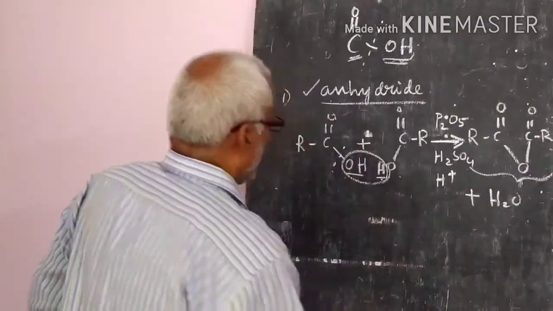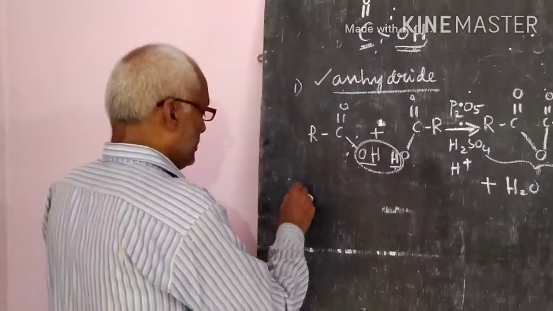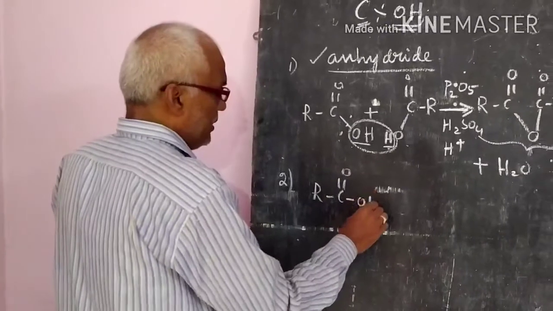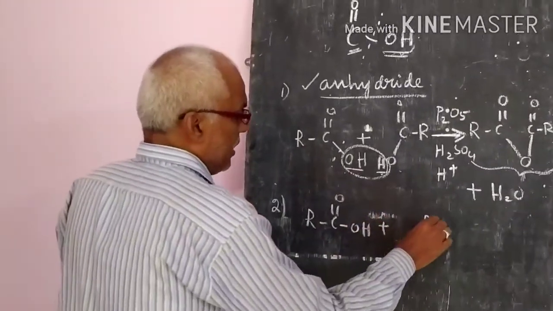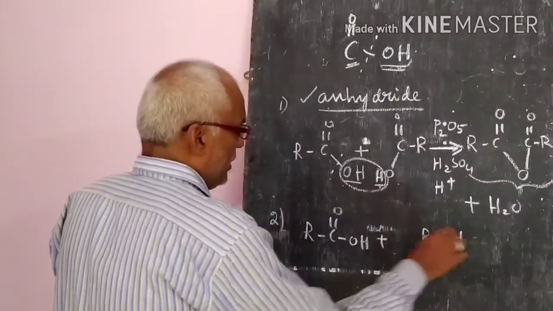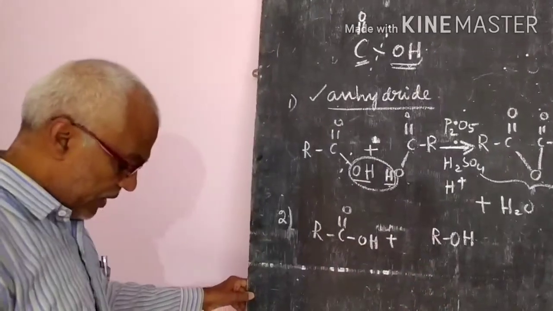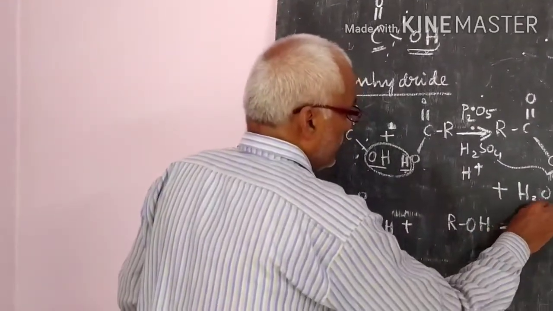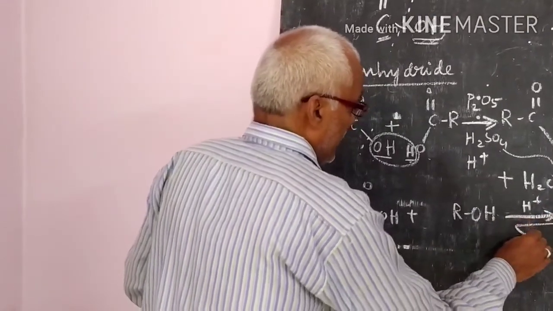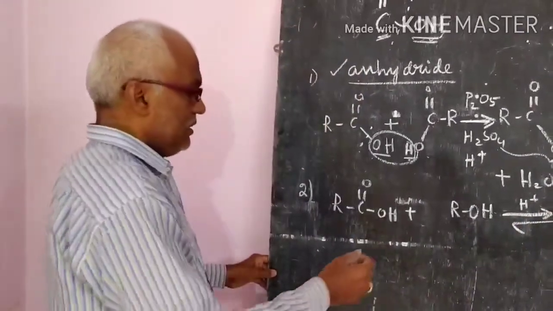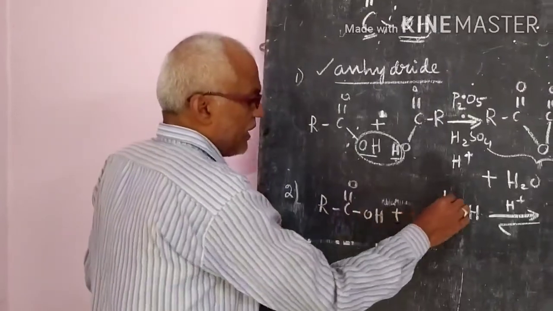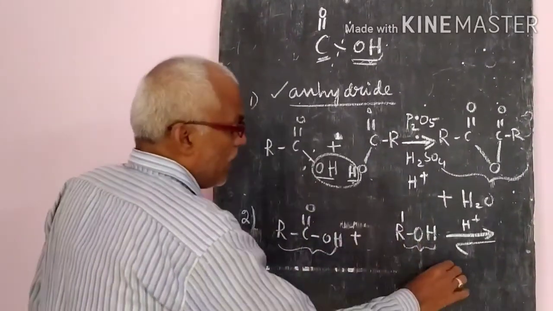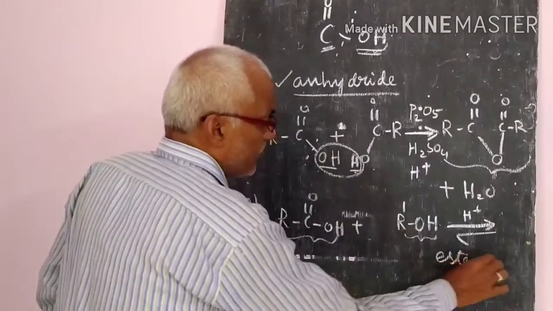Second reaction, I think you learned this in the 10th class. An acid reacts with an alcohol. Alcohol and acid combine together in the presence of an acid, that is H plus ions. It is a reversible reaction. When RC double bond OH, R dash OH, alcohol and acid react, they form an ester.